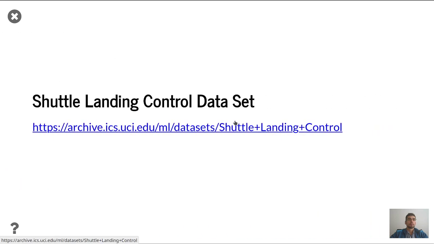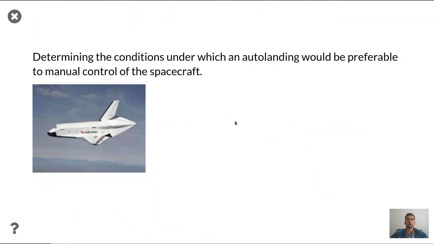So the next example is one of these binary classification problems. Now we have data related to a spacecraft, and we have some conditions, say wind speed, and we want to make a decision. Do we want to use automatic mode to land the spacecraft, or are the conditions too tough and we need to switch to the manual mode?